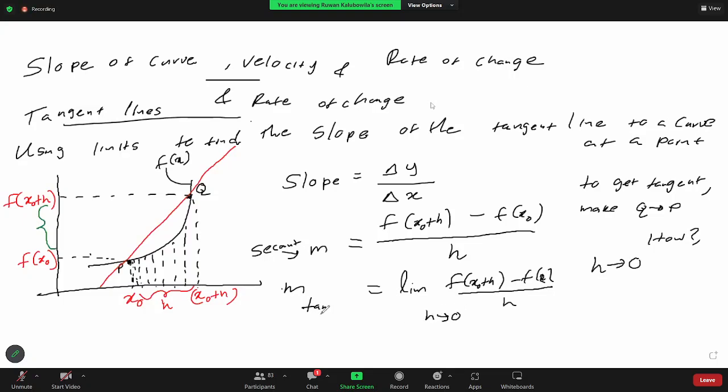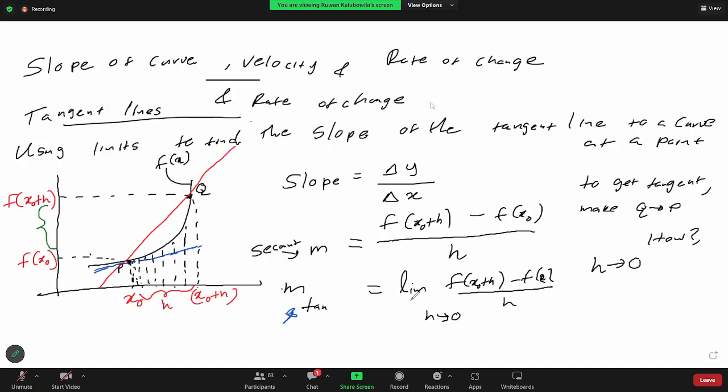So this is the thing you have to do. Now, this is not the slope of the secant line. This is actually the slope of the tangent at the point P, because you bring the h value to approach zero.